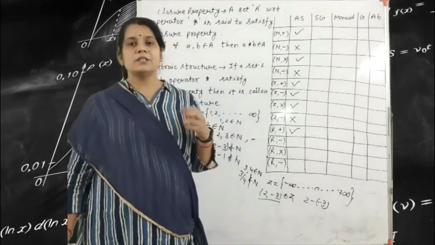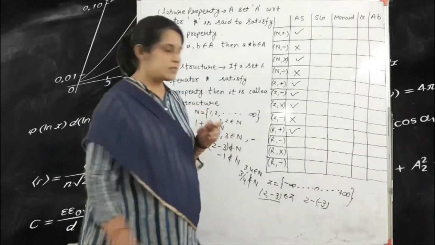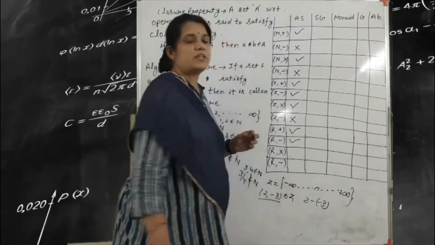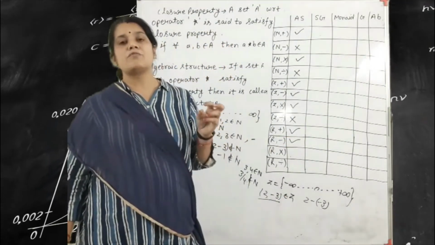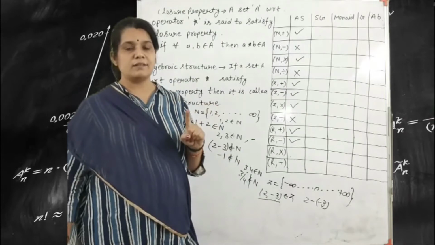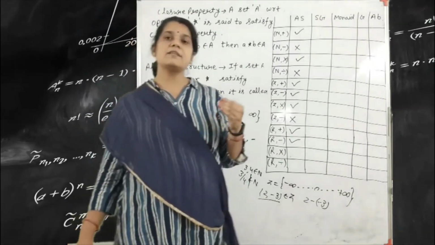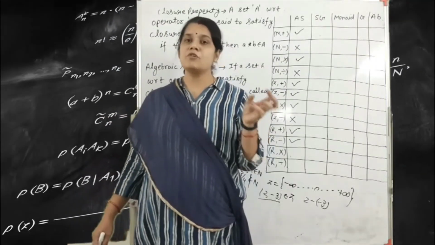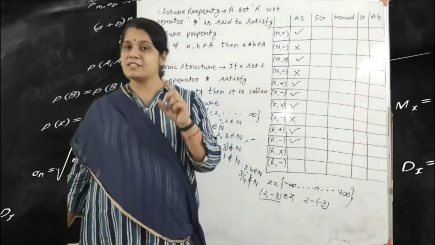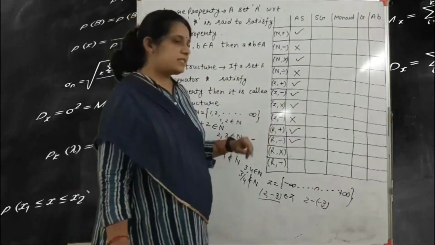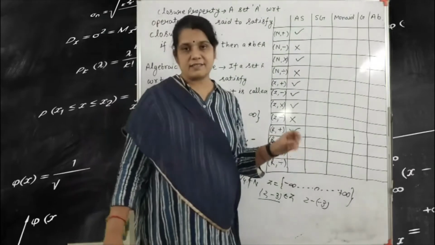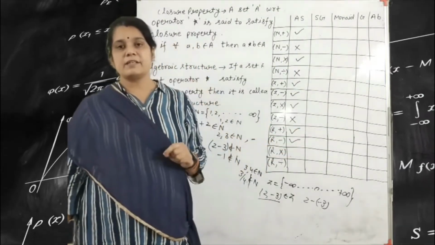So R minus is also an algebraic structure because if we consider 5 and 4, so 5 minus 4 means 1 belongs to R. If you consider 4 and 5, so 4 minus 5 means minus 1 also belongs to capital R. That means plus and minus are algebraic structures.